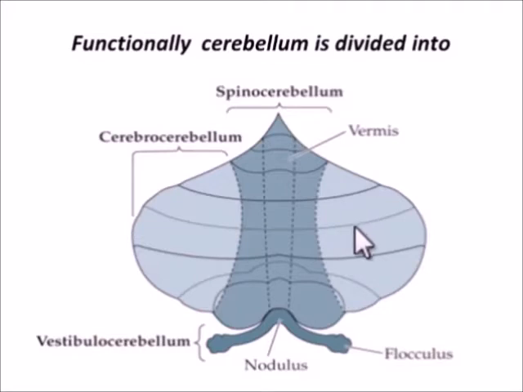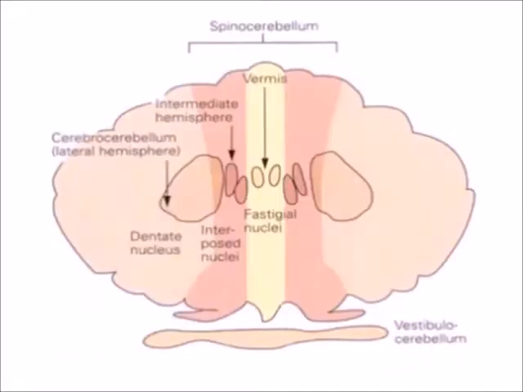As I already said, this area is connected to the cerebral cortex mainly. There are a number of nuclei in the spinocerebellum. In the vermis is the fastigial nucleus, and in the paravermis is the nucleus interpositus.